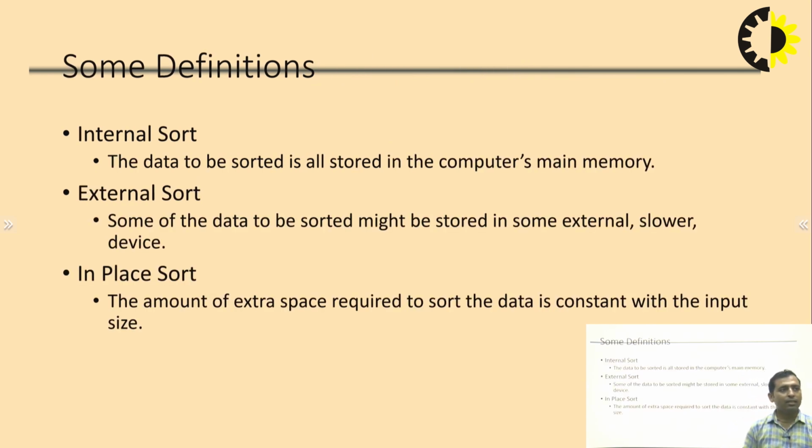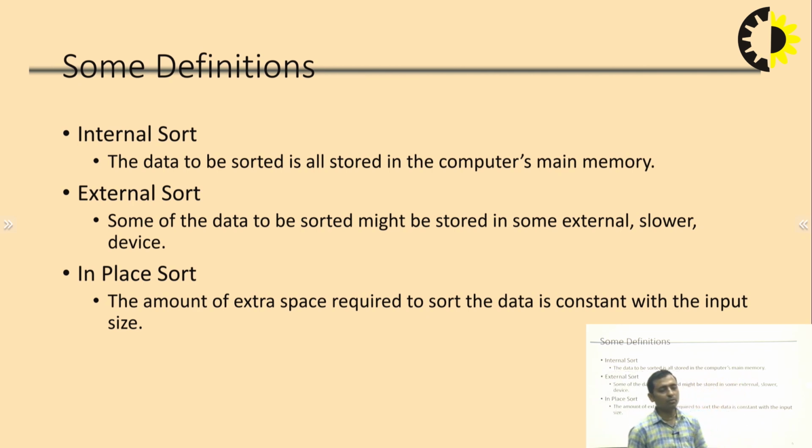With reference to sorting, some definitions are there, such as internal sort, external sort, in place sort. We see them in sequence. First, what is internal sort? It means during the sorting process, the data to be sorted is all stored in the computer's main memory.